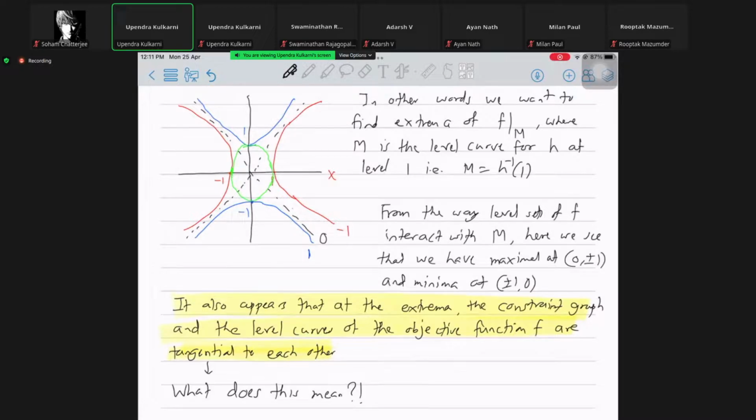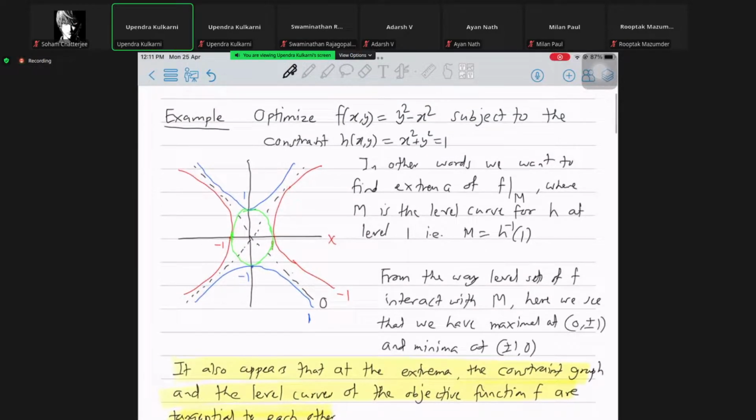I have defined the function h, and the green graph is really the level curve for the function h at level 1. And the other colors are level curves for the function f, the objective function. So instead of saying two level curves being tangential to each other, what we will first carefully define is the notion of what it means to be a tangent. Remember, a tangent is something that should be a line, right? So what it means to have tangents to a level curve, that's something that we will define carefully.